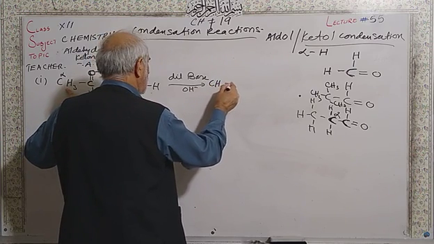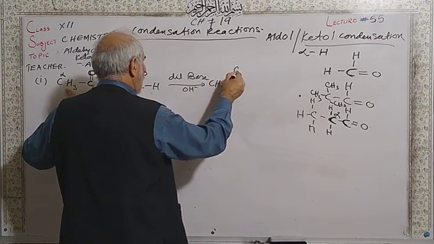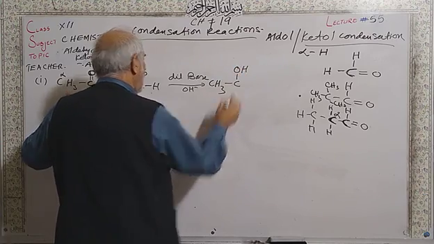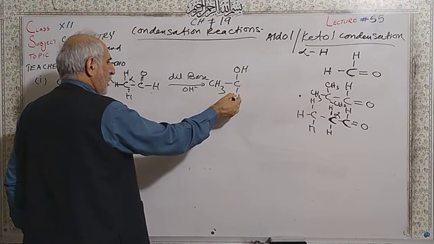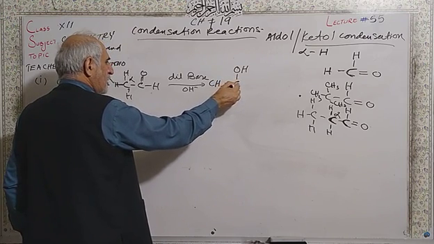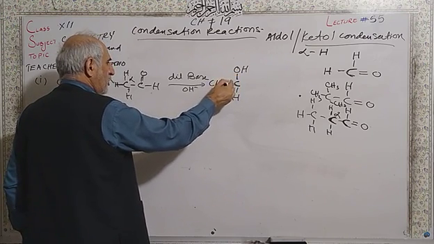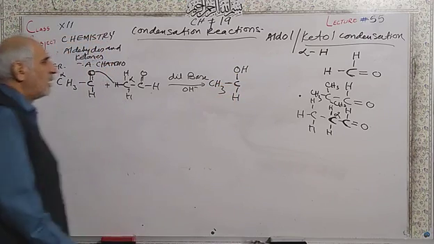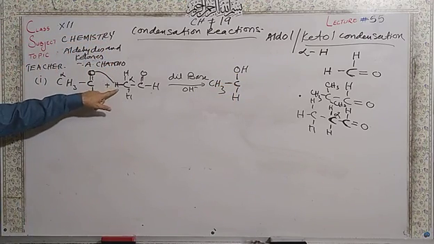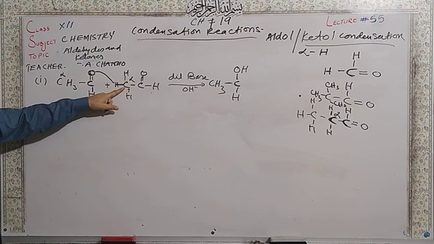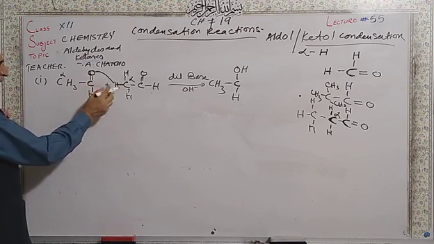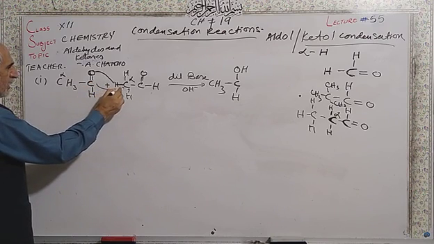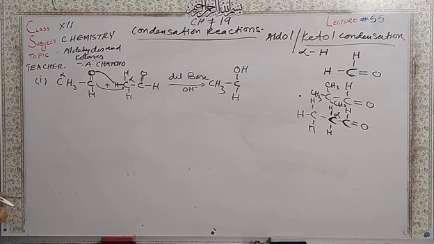CH3, this is a C, and if the alpha hydrogen is attached here, and there is a hydrogen here, the valency of this carbon is not satisfied. One bond, second bond, third bond. And when the hydrogen is removed from here, the valency of this carbon is not satisfied. So this carbon and this carbon are going to join with each other.